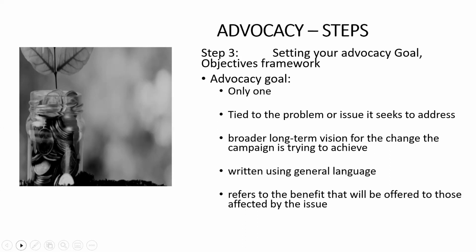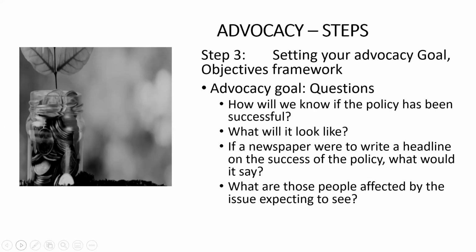So some key questions that you should be asking are: how will we know if the policy has been successful? What would the policy actually start to look like? And this is your advocacy policy for which you're developing the strategy.